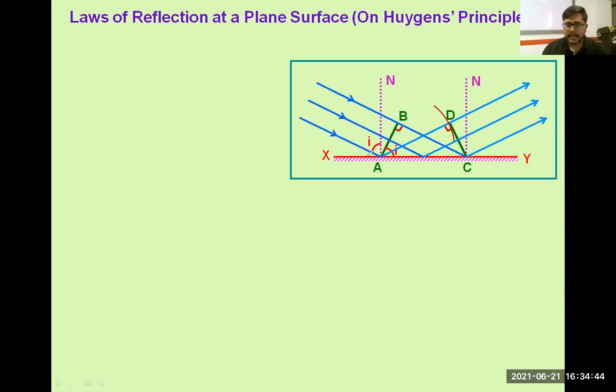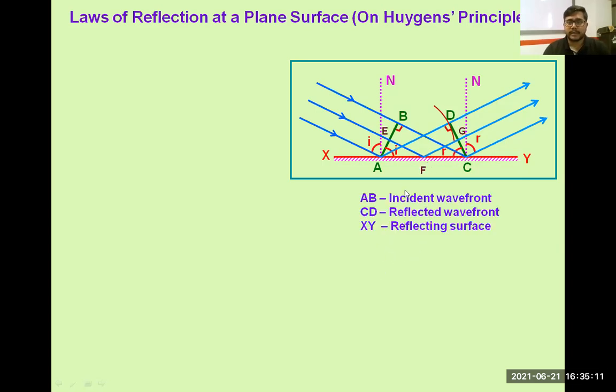If this angle is i, and we know this complete angle is 90 degrees, this angle will be, suppose, r. In this triangle, by geometry, this angle and this angle will be the same. For this also, suppose this angle is the angle of reflection, so this angle again becomes the angle of reflection from geometry. Giving names to the points B, D, A, C.